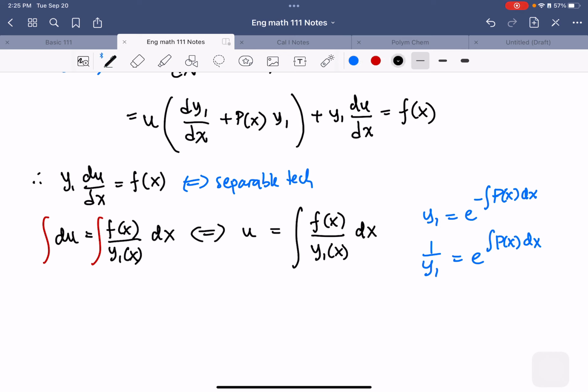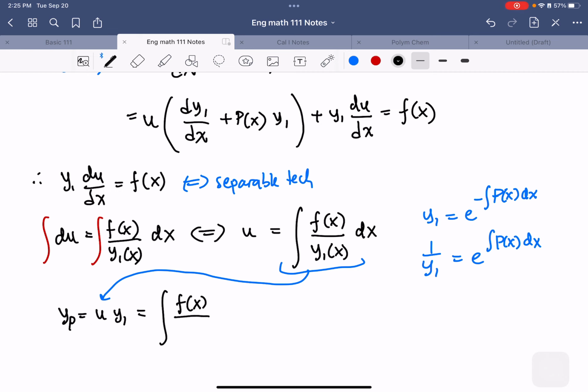So yp is u y1 as our definition, and the u will be this part. Okay. Probably you are wondering, where are we going now? Okay.